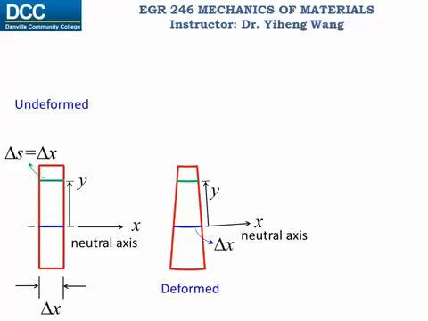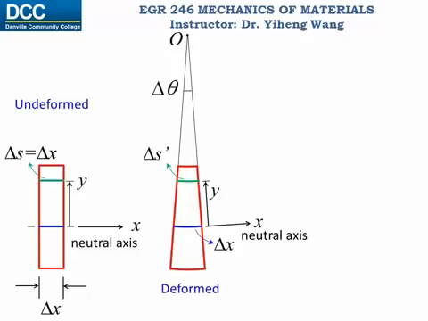But the length of this green curve is now changed to delta s prime, which no longer equals delta x. Since the two cross-sections have rotated from their original locations, they are no longer parallel to each other, therefore, they will eventually intercept at the point O if we extend them. And the angle they make is delta theta.